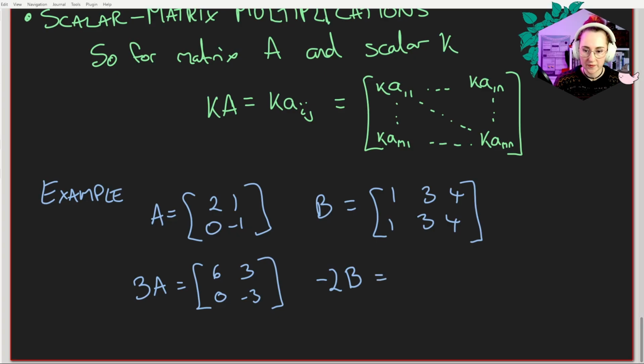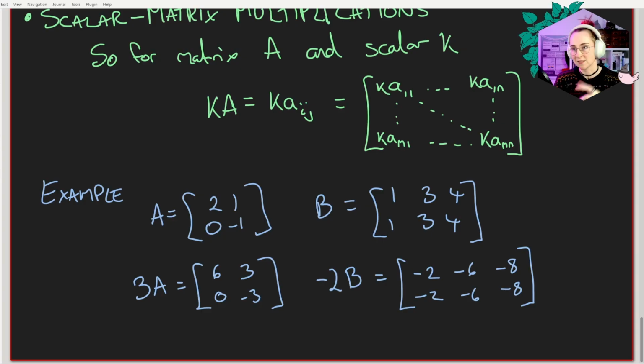So -2B is -2, -6, -8. I define my matrix quite nicely like that. So multiplying by a scalar is scaling every element by the same amount. If we want to scale every element by a different amount, we have to do something way more complicated, and we're not doing that, so don't ask.